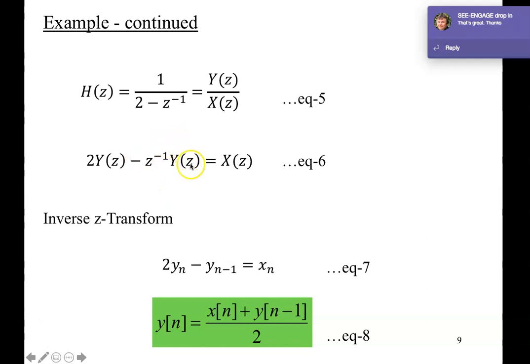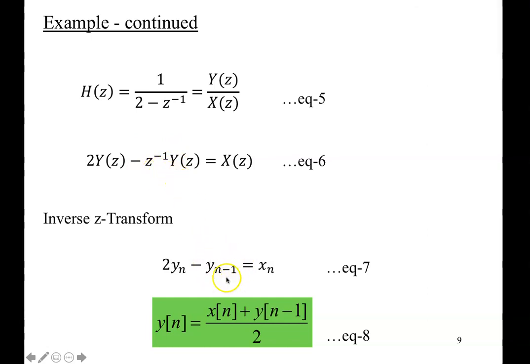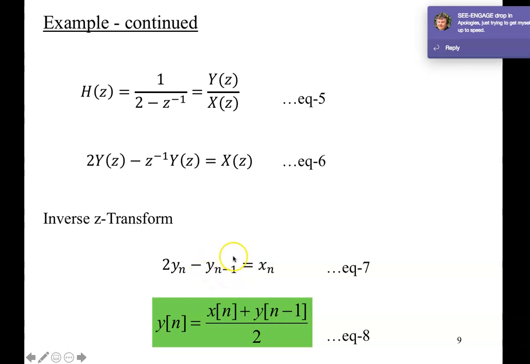And Yz times z to the power minus 1: z minus 1 is the delay of one interval. Therefore, this second term on the left-hand side becomes Yn minus 1. That's a delay of one interval.